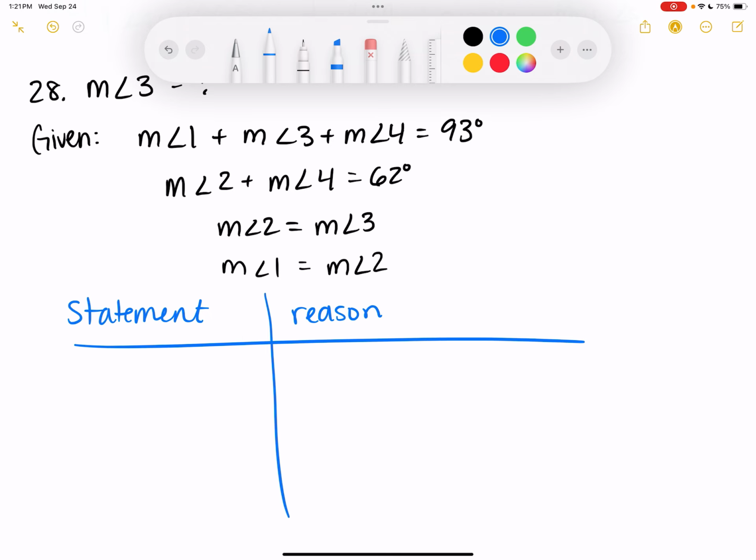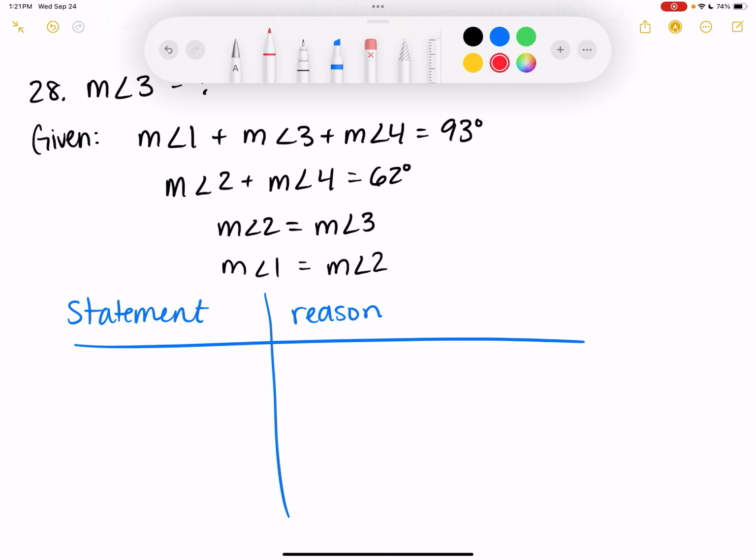I would always start out with the known information that I have. There are different ways we could go about this, but I would start out with the fact that angle 2 plus angle 4 is 62 degrees, and that the measure of angle 2 is equal to the measure of angle 3, because that is going to let me plug in stuff up here.